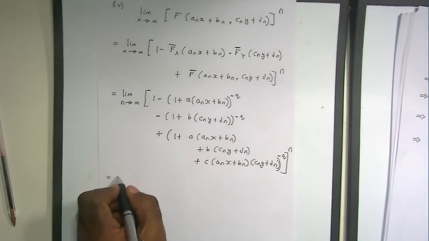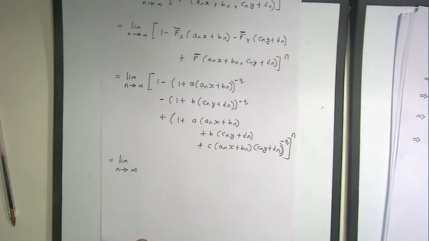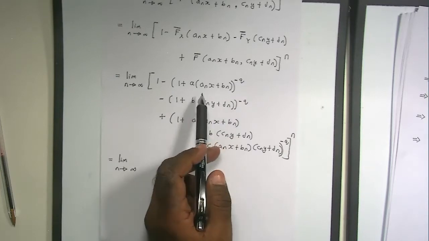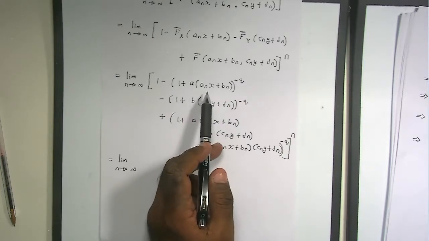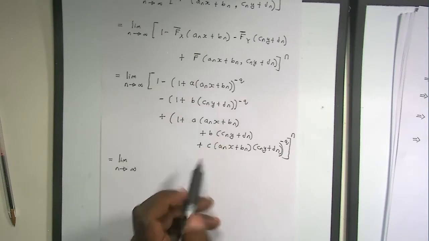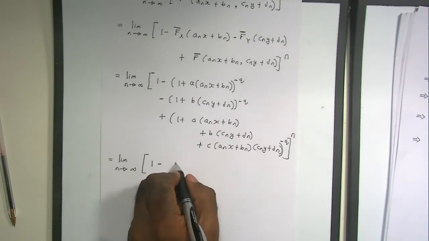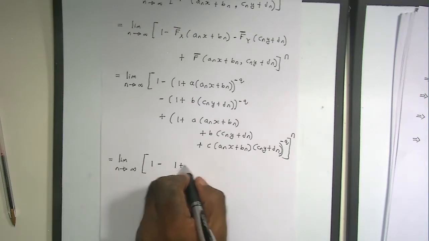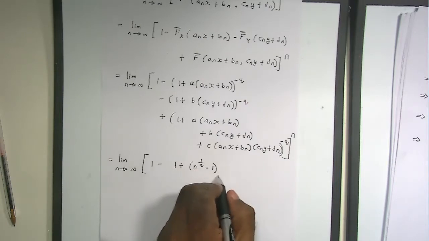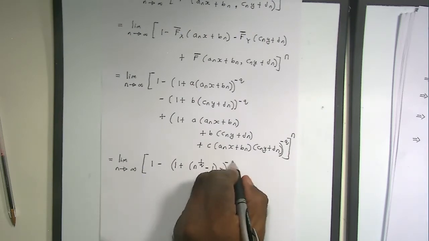So this becomes, bn is 0, so we should replace an by that. We get a will cancel, so you get 1 plus n, a will cancel, so times x to the power minus q, right?